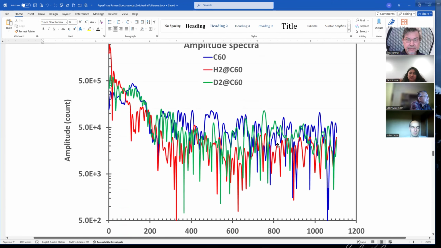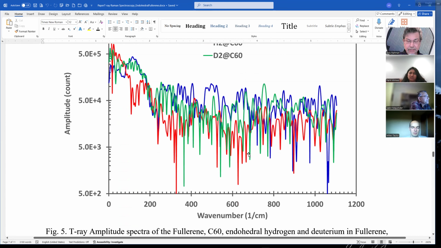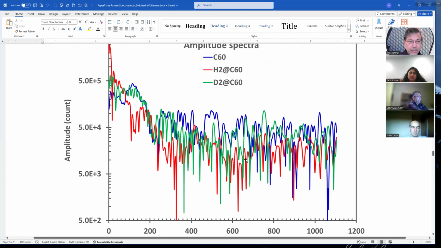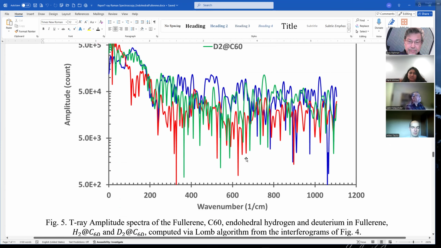So we calculated the spectrum. These are regular T-ray spectra and not eigenenergy analysis. This is just the amplitude spectrum as a function of different wave numbers.